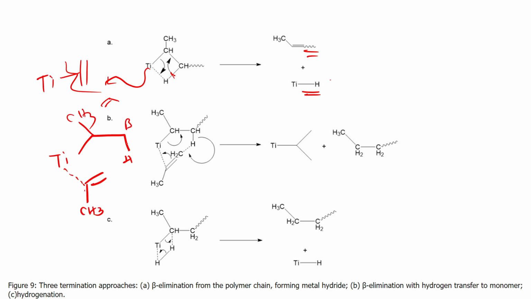Now this beta hydrogen, not elimination but this beta hydrogen, can react with your monomeric unit, and this can attack over here, followed by this and this. So it is actually attached to your chain.